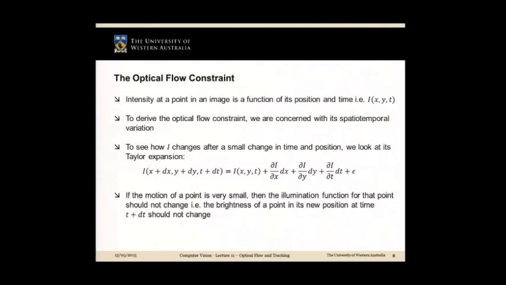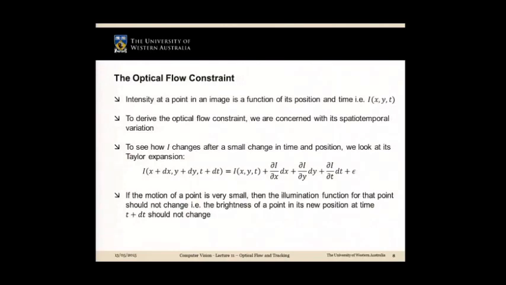In this particular case, it is the gradient values, because gradient values are changing. And what is this I(x, y, t)? That's the spatiotemporal value at one particular pixel at a given time t, right? So I(x, y, t) is the value and the variations will be the gradient values.